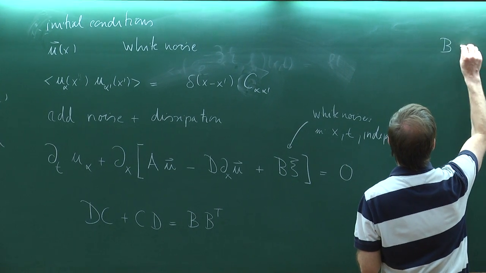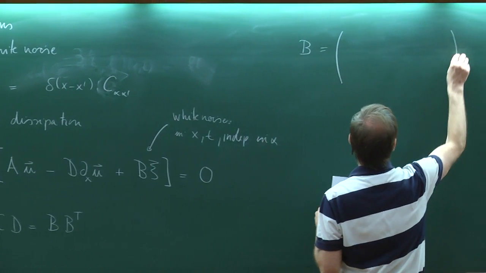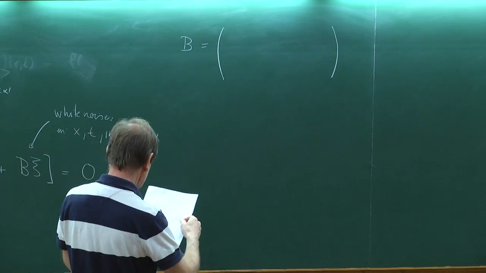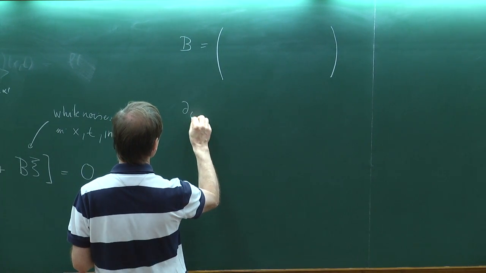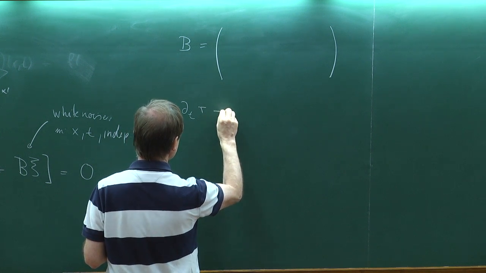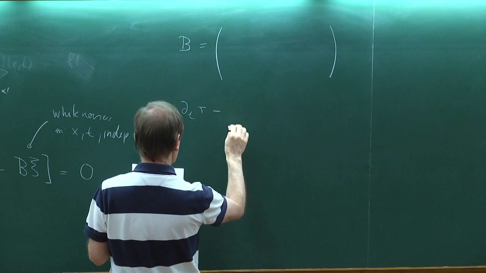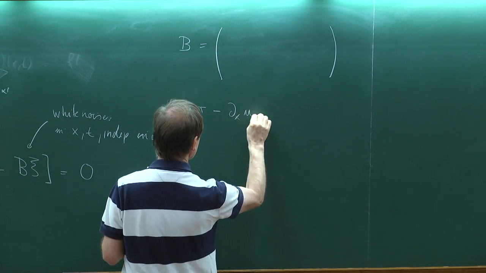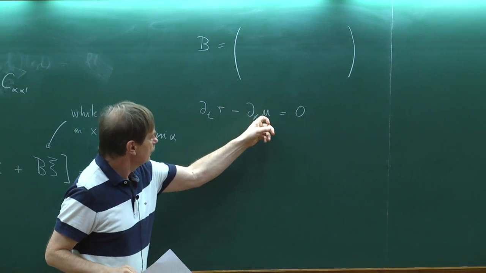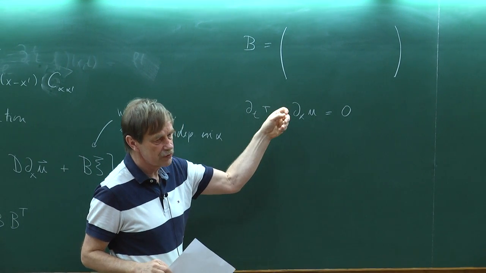So let me write down the B. Well, you don't remember, so I have to write it down. You look at your first equation, which was a true exact equation, minus c_t of... Now I've written down the continuum, but it's also in the discrete case. So you see that the current of the R field is itself conserved.